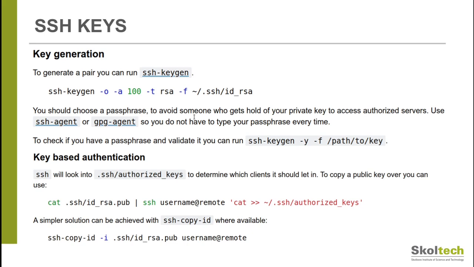So to copy a public key over, you can use the following command. You will send your public key to a server and add it to the authorized keys. Also, a simpler solution can be achieved with the ssh-copy-id command. It is also written at the bottom of the slide.